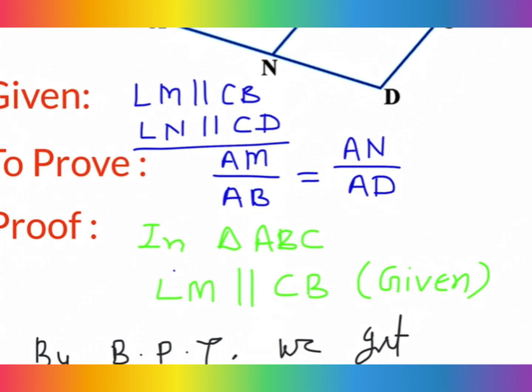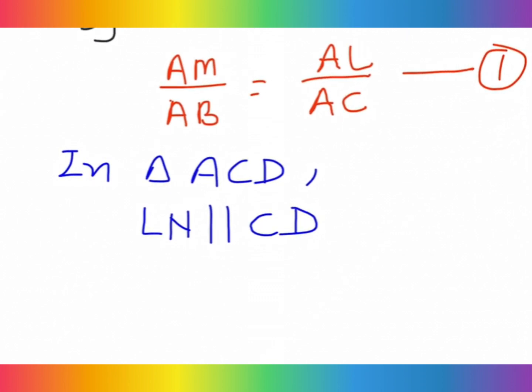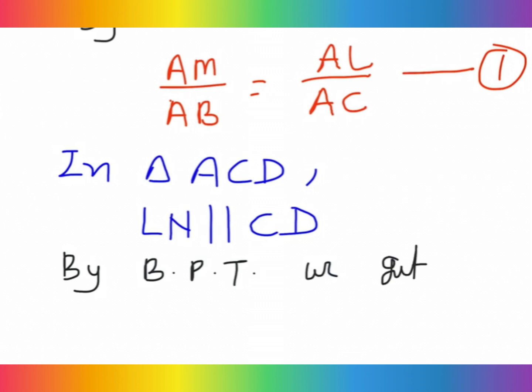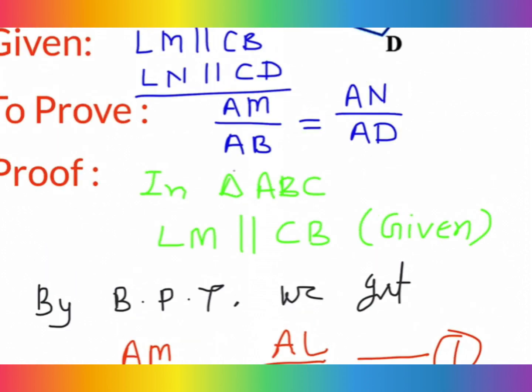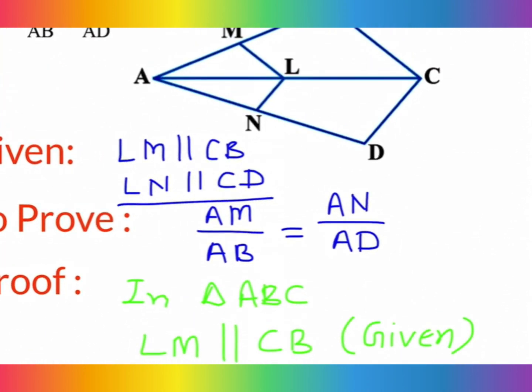By BPT we get, from the figure, AN by AD, the half part and whole side AD, and AL divided by AC.